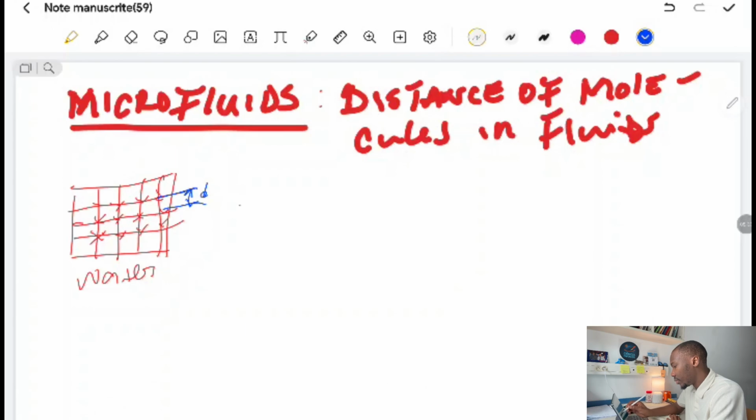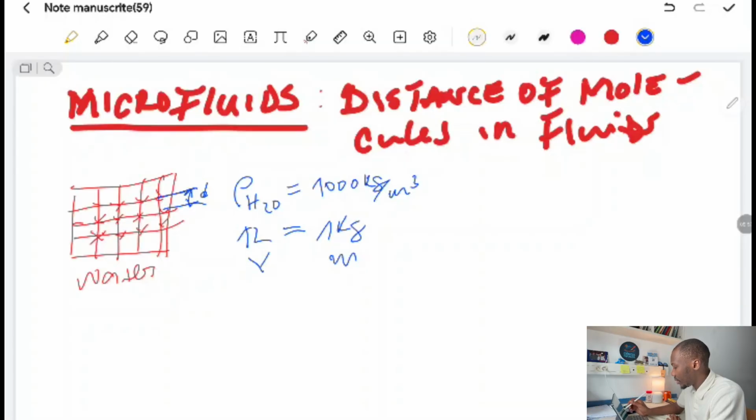the laboratory the density of water, which is equal to approximately 1000 kilograms per cubic meter. And we know that 1 liter of water is equivalent to 1 kilogram. 1 liter of water volume is equivalent to 1 kilogram mass. That thing we can also calculate.